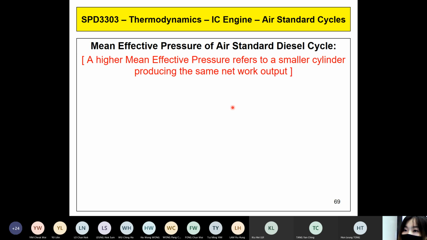Do you remember it? This value refers to the performance of your cylinder. A higher mean effective pressure refers to a smaller cylinder that can produce the same net work output. It's a measurement of the effectiveness of your cylinder.